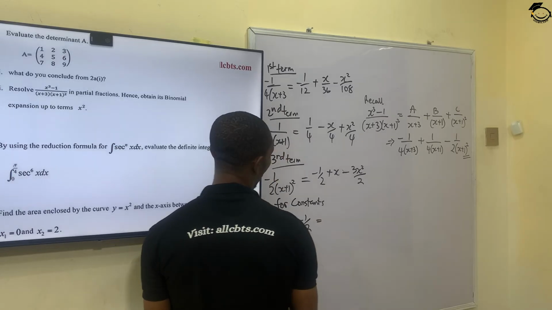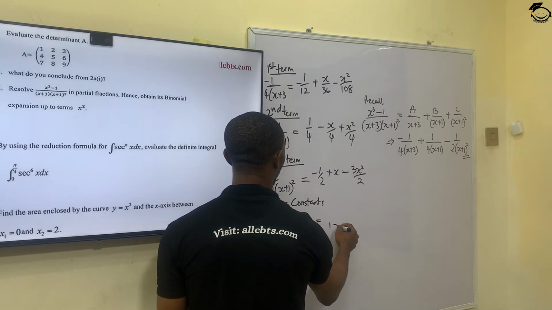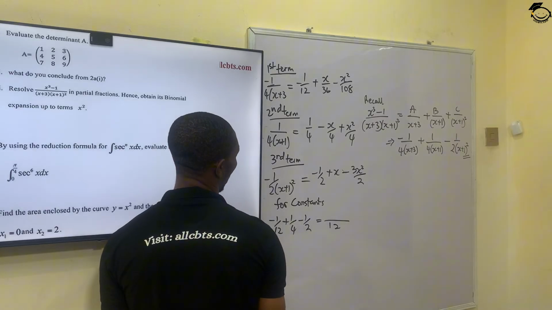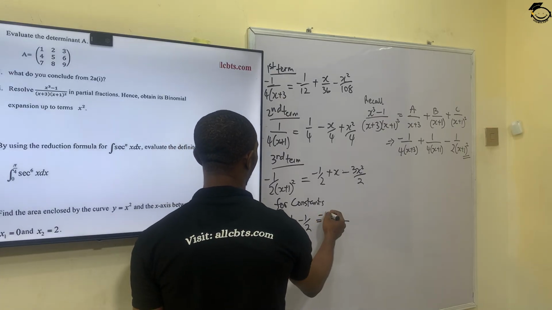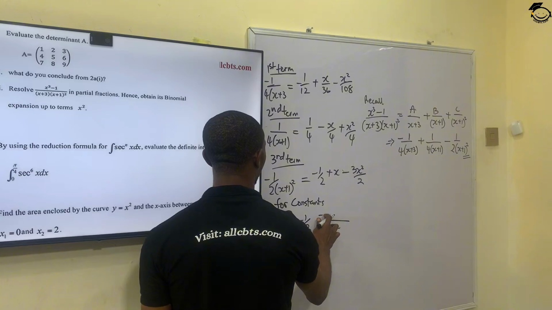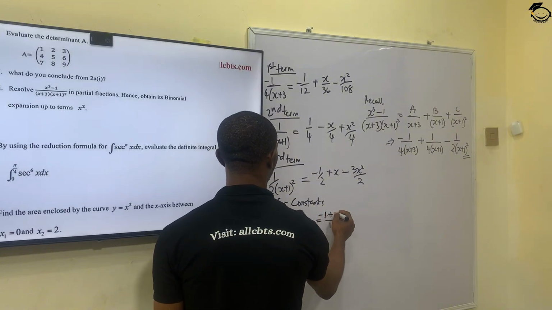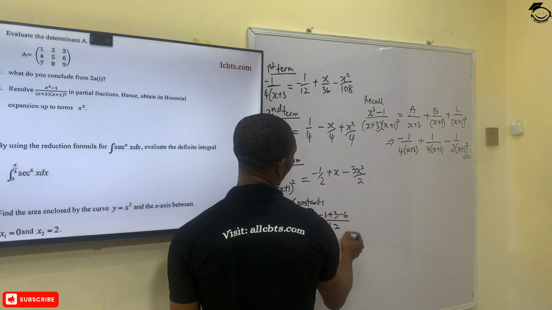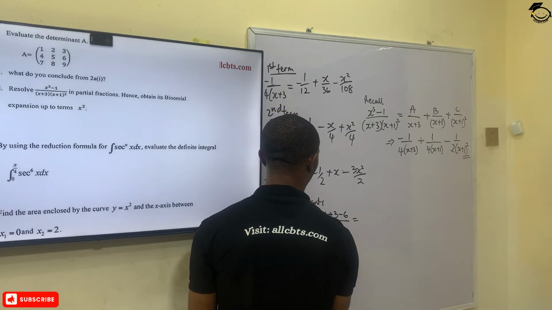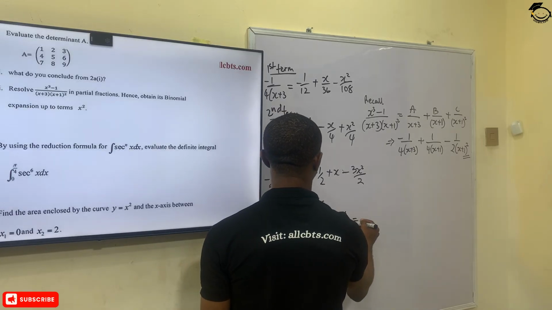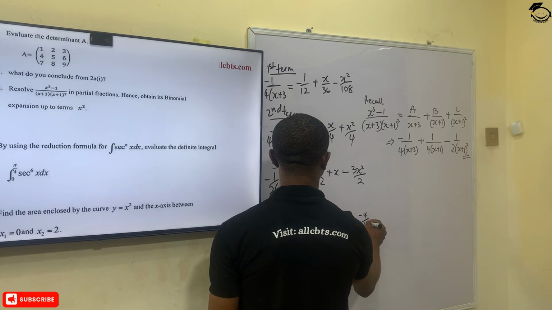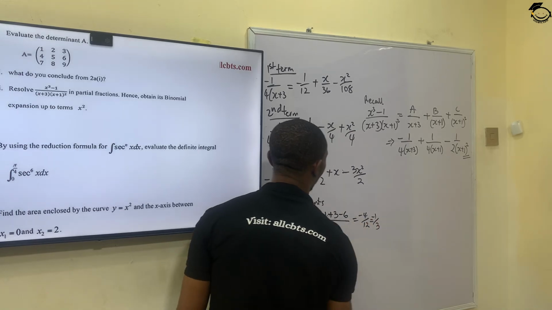So adding it all up, our LCM here will be 12. This we would have as minus 1 plus 3 minus 6, which leaves us with minus 4 over 12, which will be minus 1 over 3.